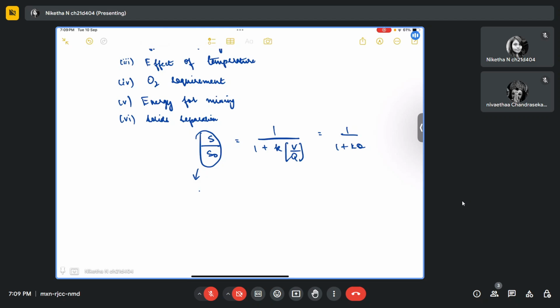S here is the BOD that is in the tank, and S naught is the inlet BOD. So S by S naught will give you the fraction of the soluble BOD that is remaining. Now by BOD I am referring to the organics that need to be treated.